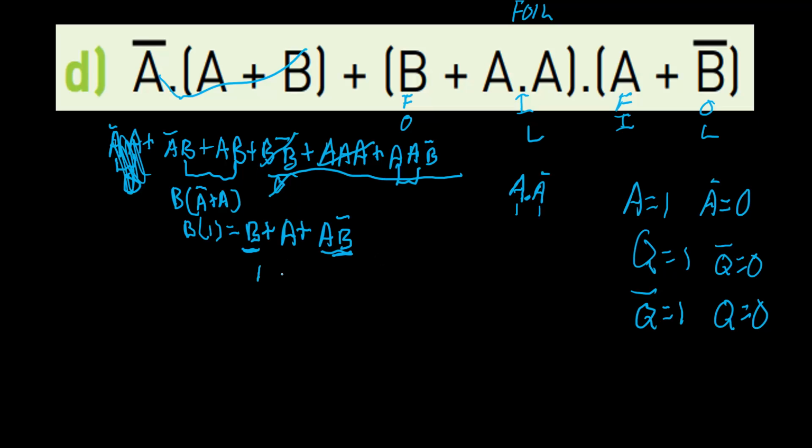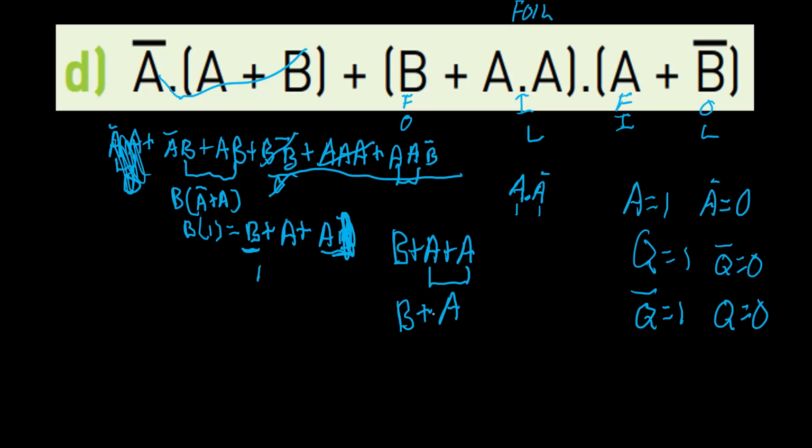We don't need to factor anything out when it's B or A not B. The one by itself wins. So we're left with B or A or A. Well, I know these simplify to simply A.